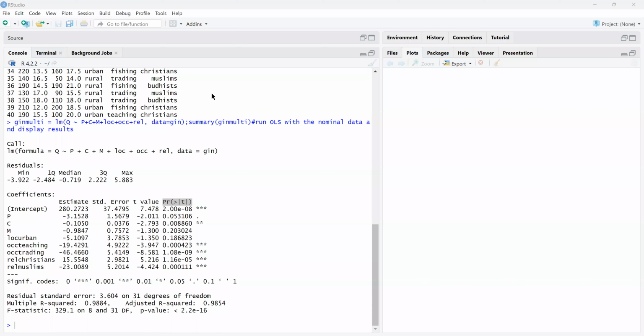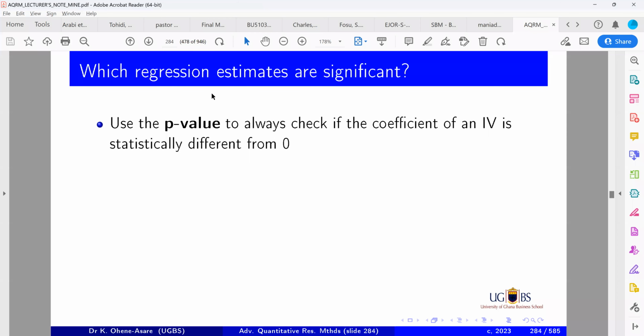The first question is, the coefficients of which independent variables are statistically significant? Now, how do you do that? You have to use the p-value. The p-value is the error that you make in conducting a hypothesis regarding the importance of an independent variable.